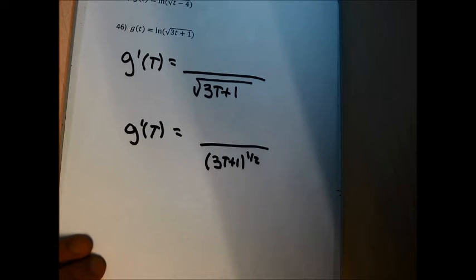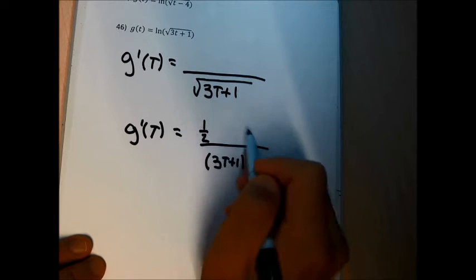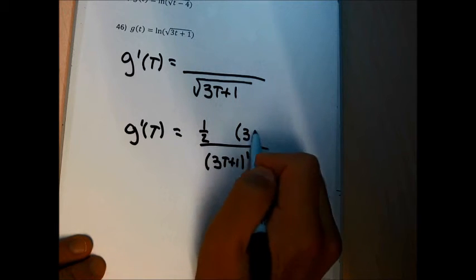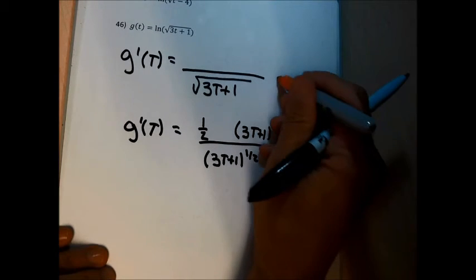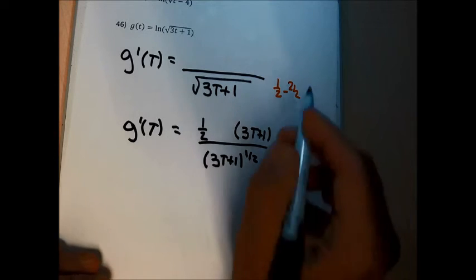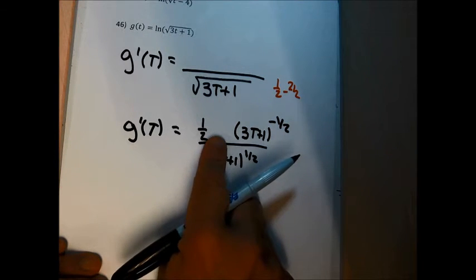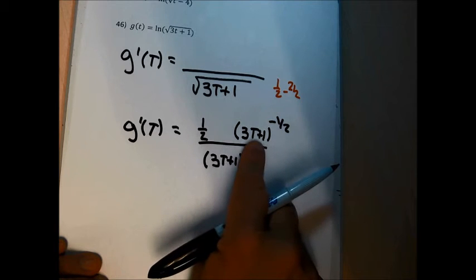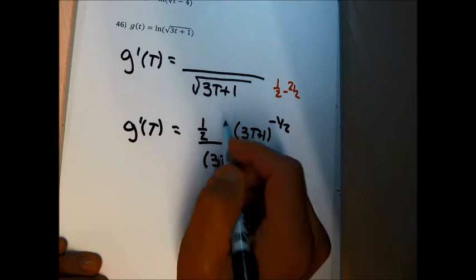It's a chain rule. I'm going to shortcut chain rule. First I'm going to write 1/2, leave myself some room, and then I'm going to go 3t plus 1, and then for the exponent I'm going to go 1/2 minus 2/2, and I'm going to get a negative 1/2. And then in that hole that I left, I'm going to write the derivative of the contents of the parentheses. The derivative of 1 is 0, the derivative of 3t is 3.